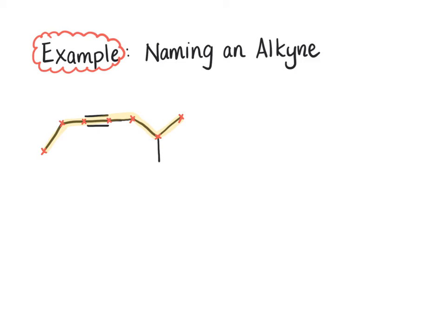And so our parent chain has 1, 2, 3, 4, 5, 6, 7 carbons. So our parent chain is hept, and then the location, yne. We have one group on our chain, and that group is a methyl group. Again, our triple bond is going to get priority in numbering.